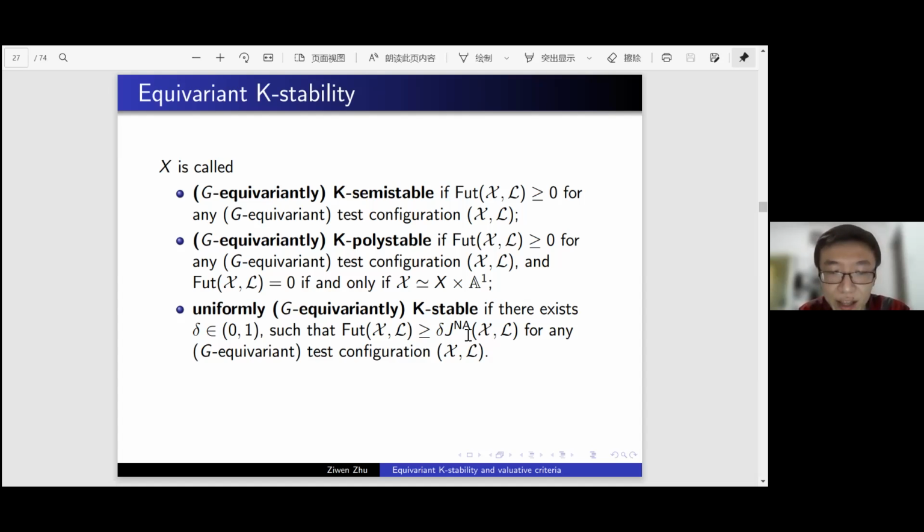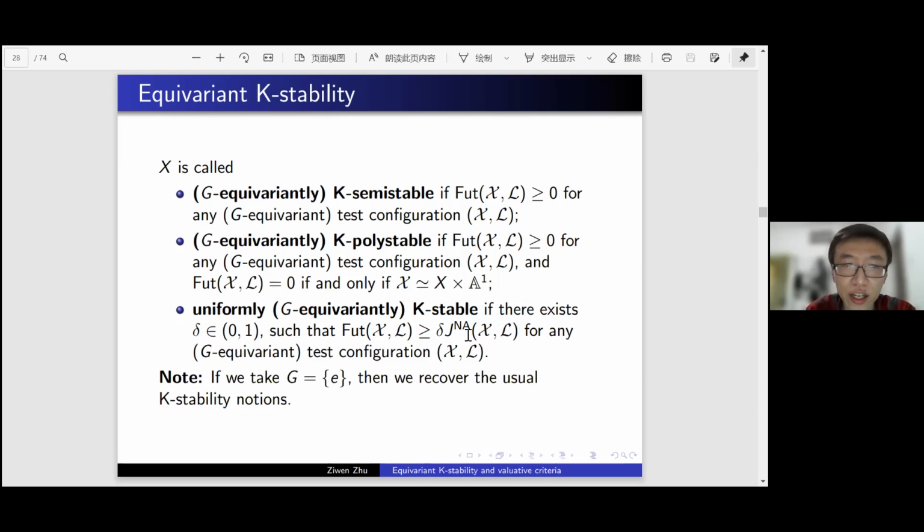Eventually, in Liu, Xu, and Zhang's paper, where they prove the properness of the K-moduli, they show that this version, the equivariant uniform K-stability, is in fact equivalent to K-polystability, by a similar argument to why uniform K-stability is equivalent to K-stability.